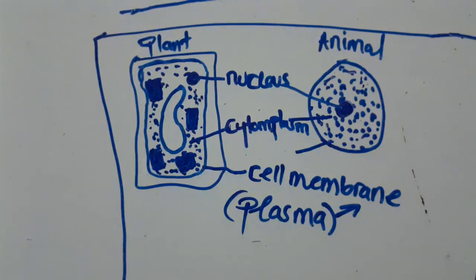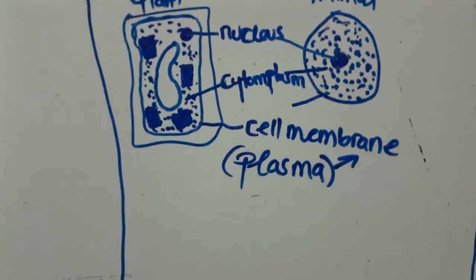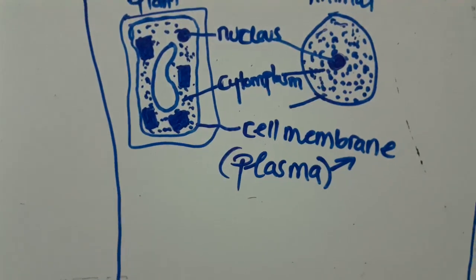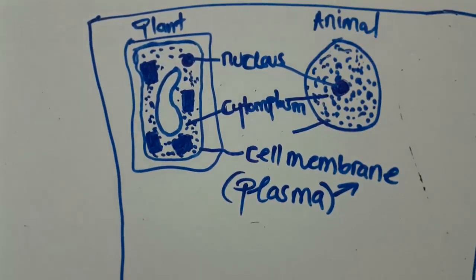If a question comes asking you to list three similarities of a plant cell and an animal cell, number one, in both there is a nucleus, in both there is cytoplasm, and in both there is a cell membrane or plasma membrane. These are the common similarities found in both.